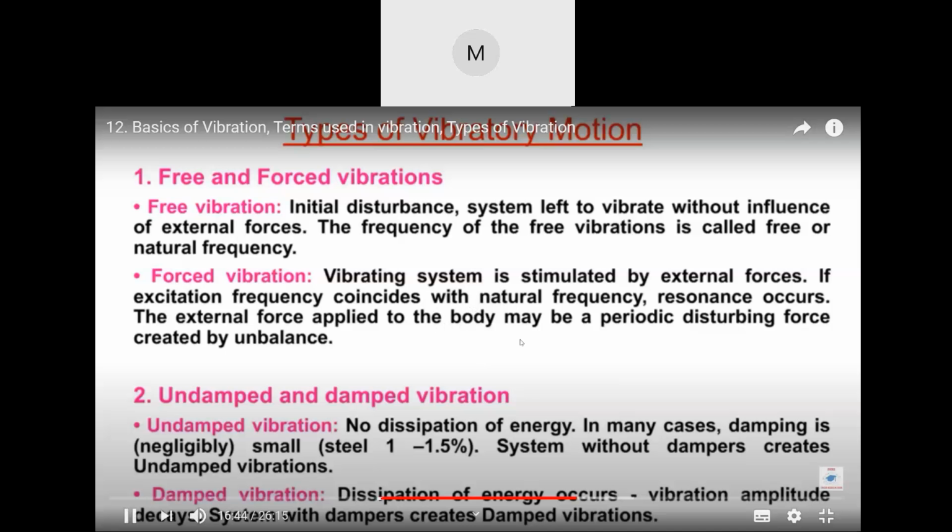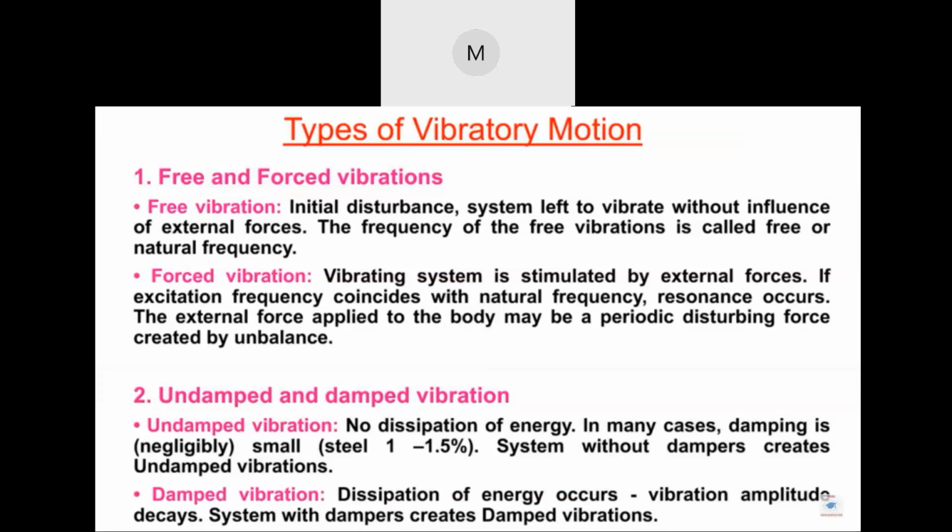What is free vibration? Types of free vibrations. Once again, this is basic free and forced vibration. Second, undamped and damped vibration. So, what is undamped vibration? When no dissipation of energy is there, this type of vibration is called undamped vibration.